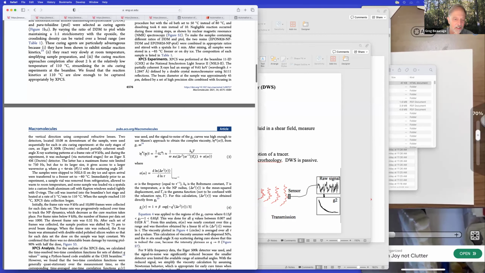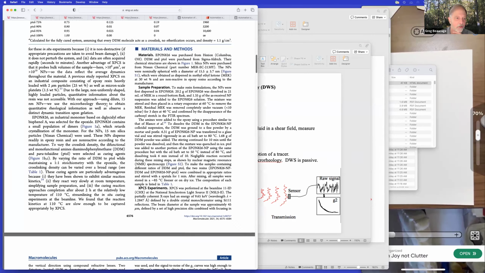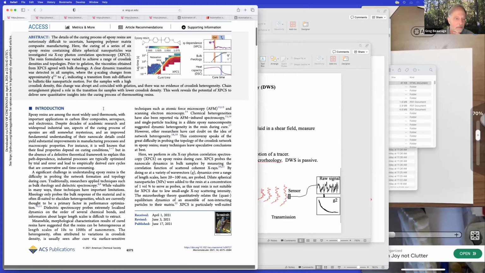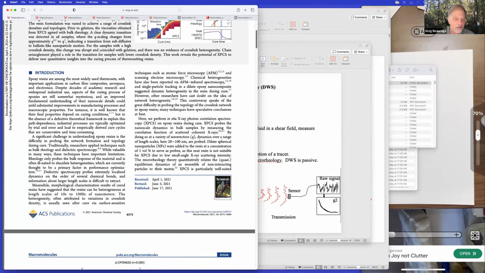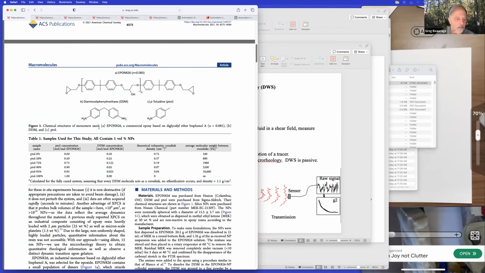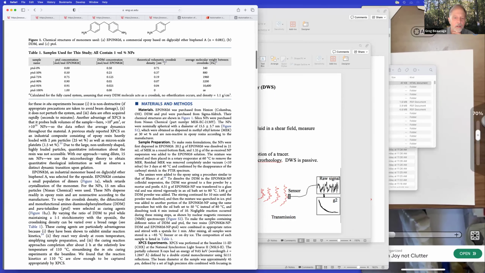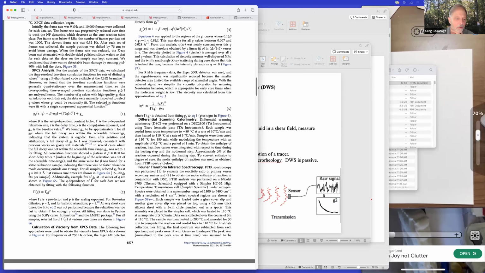They're getting the viscosity out because they put in monodispersed 12 nanometer particles into this, right? Somewhere they say what particles they use, but 15 nanometer particles. They're fairly monodispersed, so they're a narrow distribution anyway.